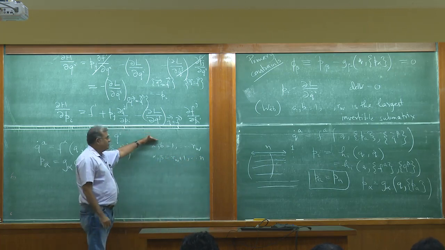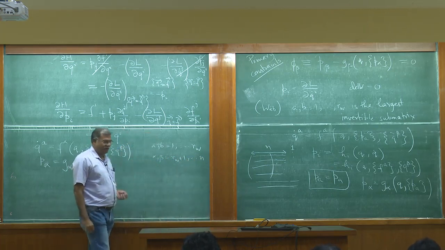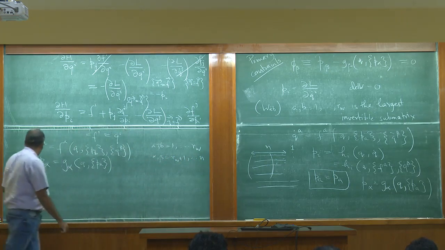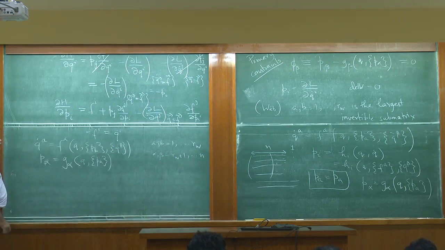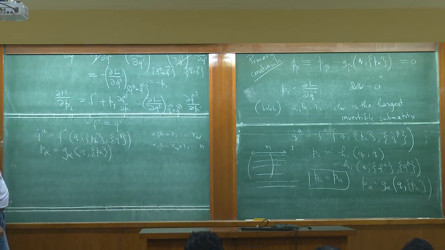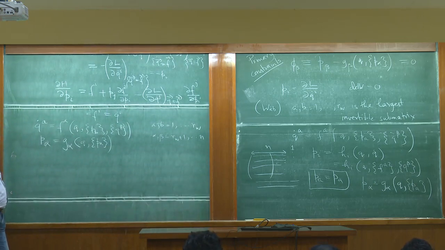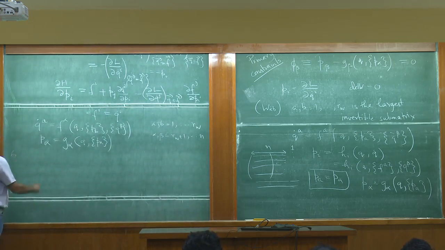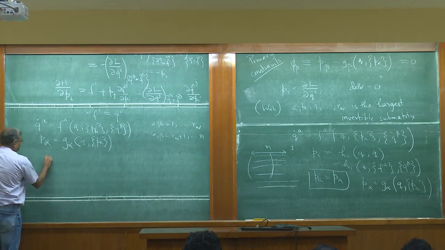So independent constraint, right? Now the reason why this is going to be important is now let's look at the canonical Hamiltonian, the pi qi dot minus L, and now clearly see what I can do about it.